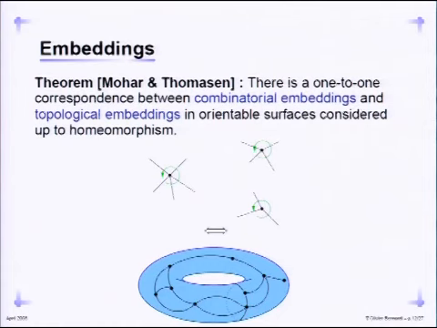In fact, if you draw your graph on a certain surface, this defines the counterclockwise order around each vertex. So this defines a combinatorial embedding, but this is in fact one-to-one. If you take a combinatorial embedding, there is a unique surface and a unique way of putting your graph in this surface in such a way that this is the cyclic order.